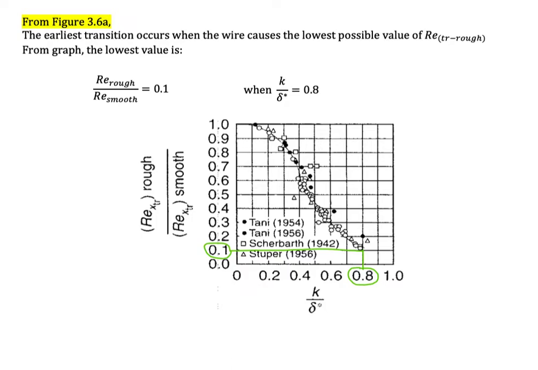According to this data, we could assume that the smallest one starts at this point, where K over delta star is equal to 0.8. At K equals 0.8, the ratio of the rough and smooth Reynolds number is 0.1.